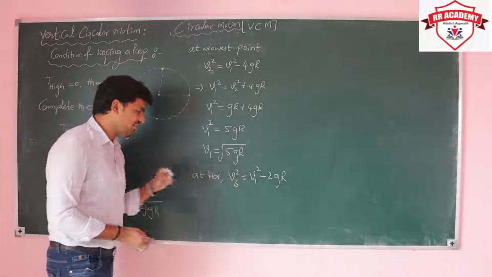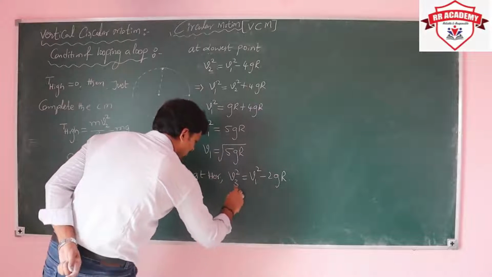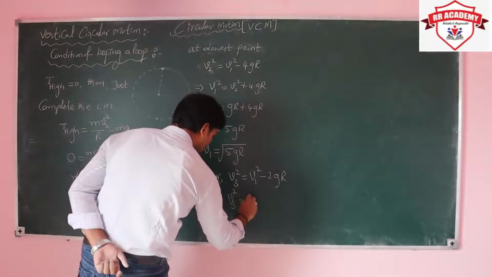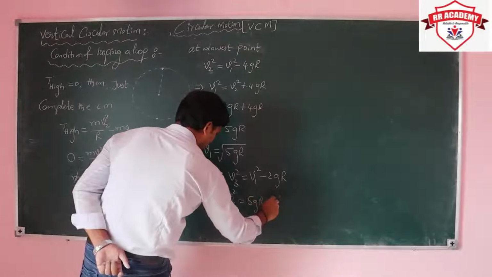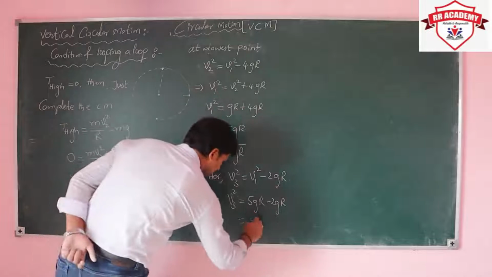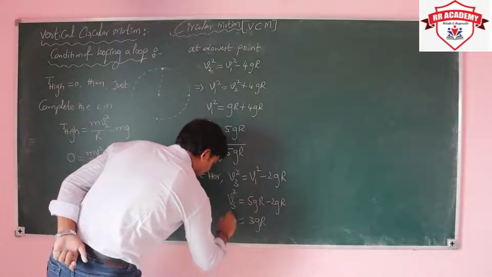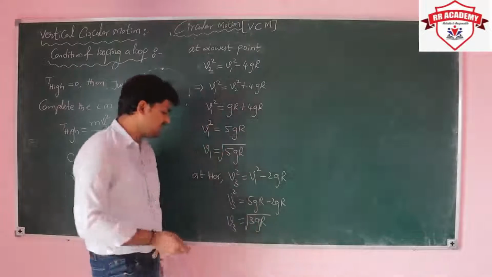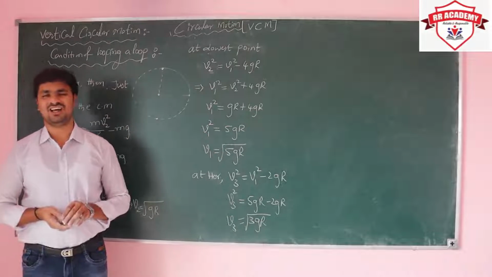Just put the value of v1 square, which is 5gr minus 2gr, so that is simply 3gr. v3 square equals 3gr, so v3 is equal to under root 3gr.